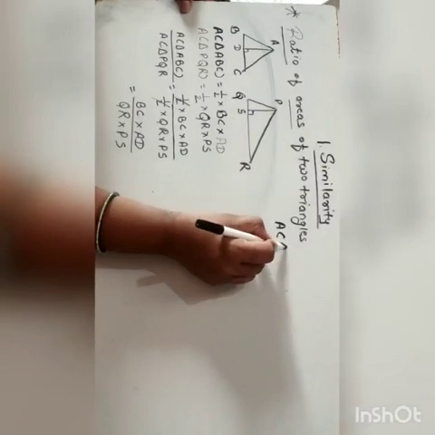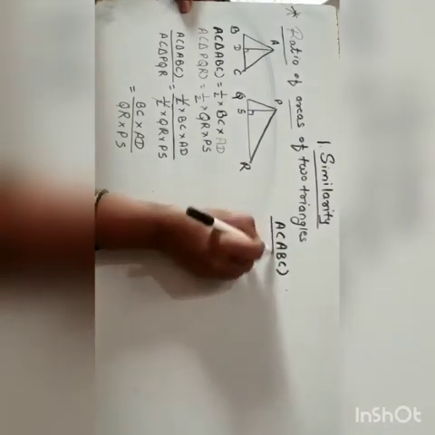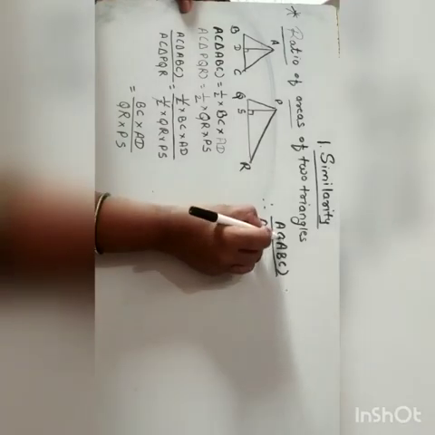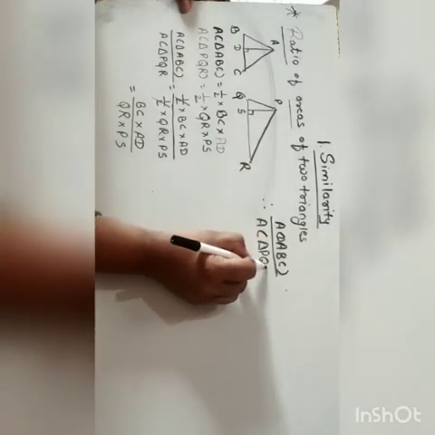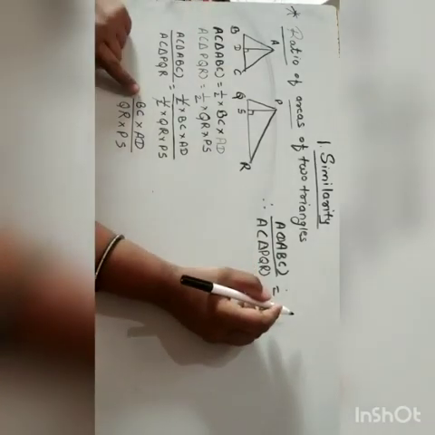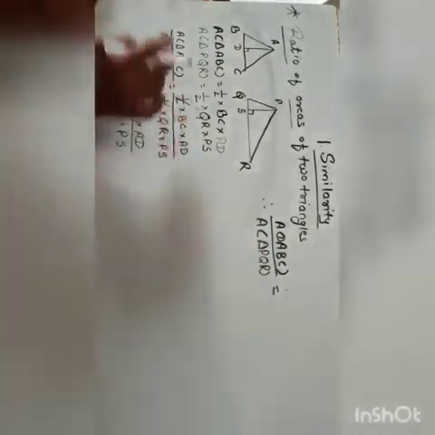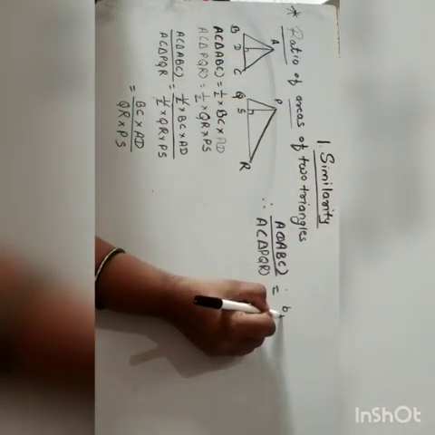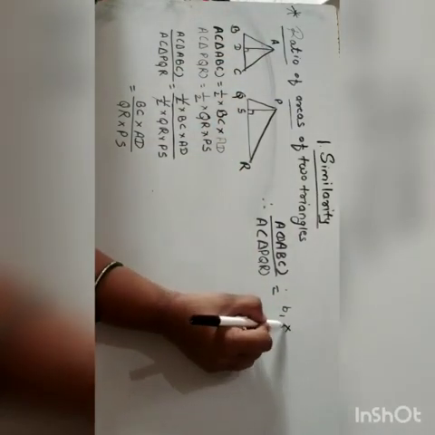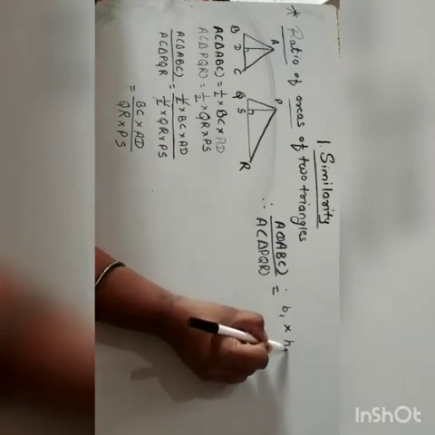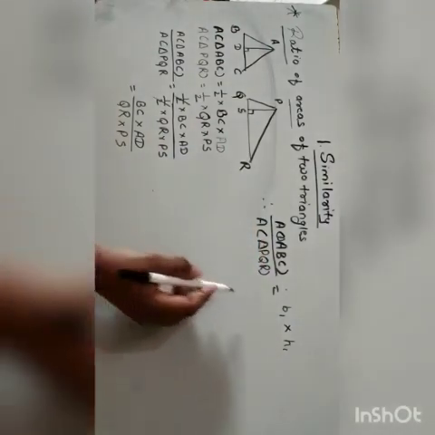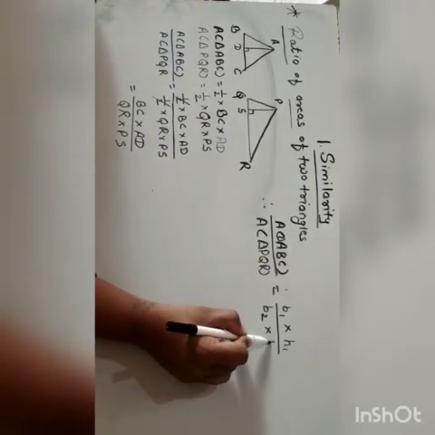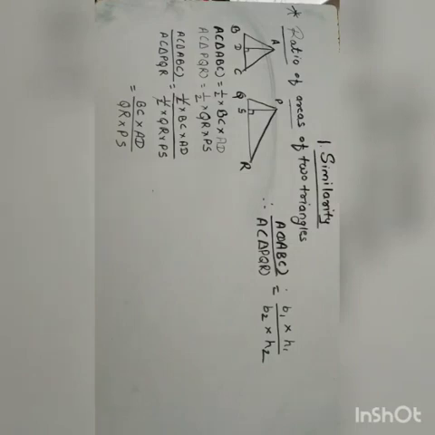So what we get here: area of triangle ABC upon area of triangle PQR is equal to BC into AD upon QR into PS. BC is the base of the first triangle, so we write B1 as the base and H1 as the height of the first triangle, and B2 into H2 as the base and height of the second triangle.